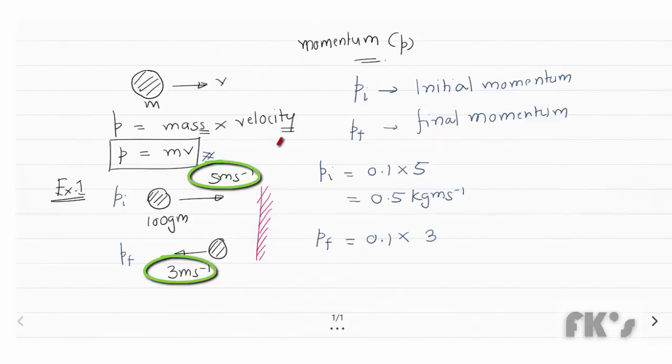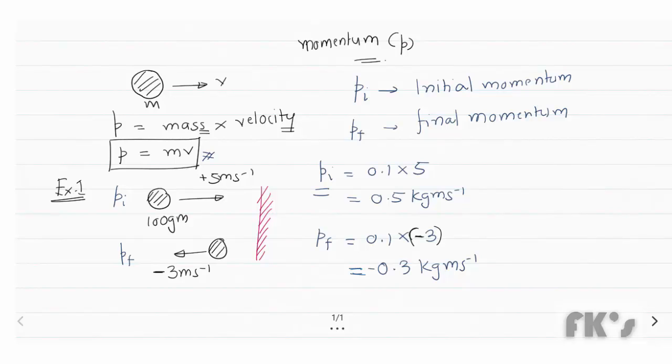So if I consider this to be positive velocity, I have to consider this to be negative, or the other way around. I'm going to add the negative sign here because the direction has changed. So the final momentum would be negative 0.3, and the units would be the same. That's my pi value, 0.5, which is positive, and pf would be negative 0.3 kilogram meter per second.